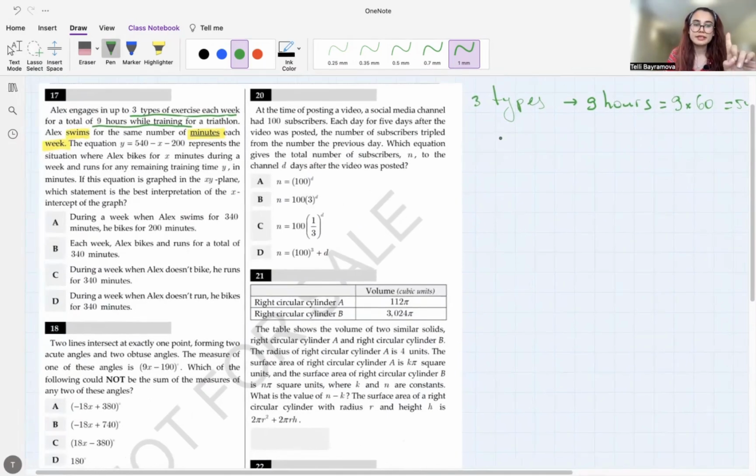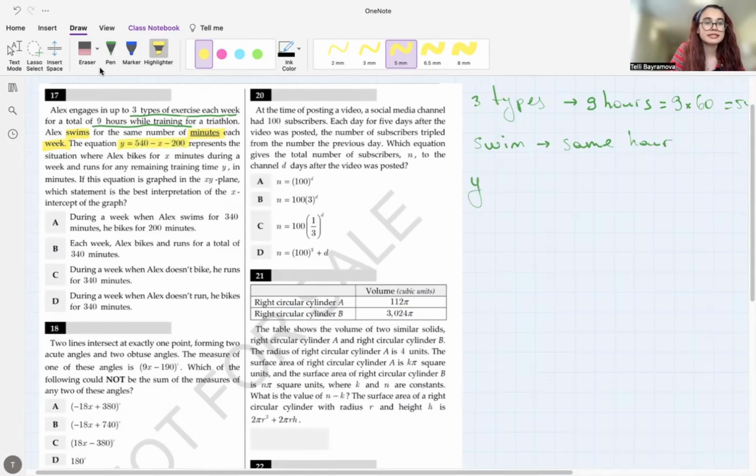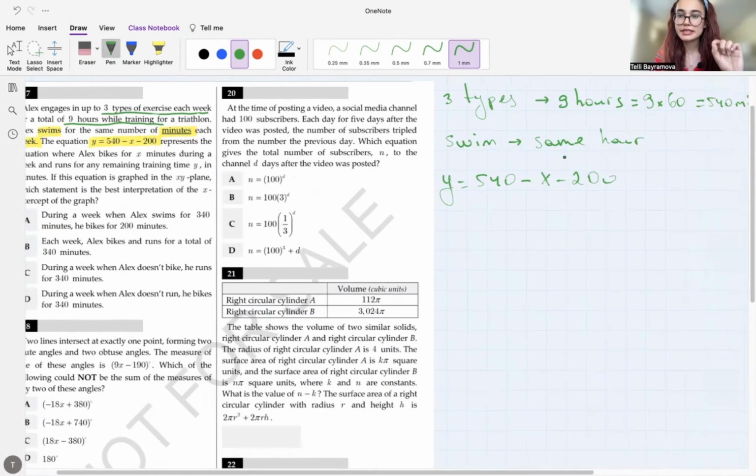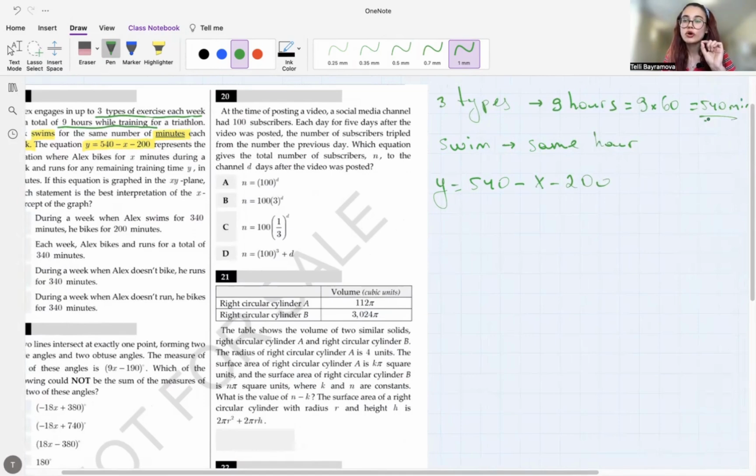Then swim, the same each week. The equation is y equals 540 minus x minus 200. What is 540 in here? 540 is the total time.